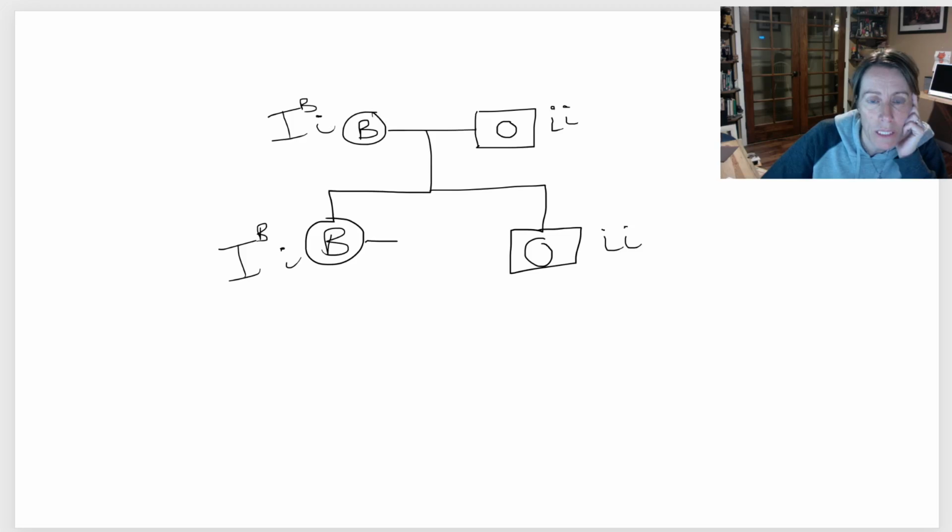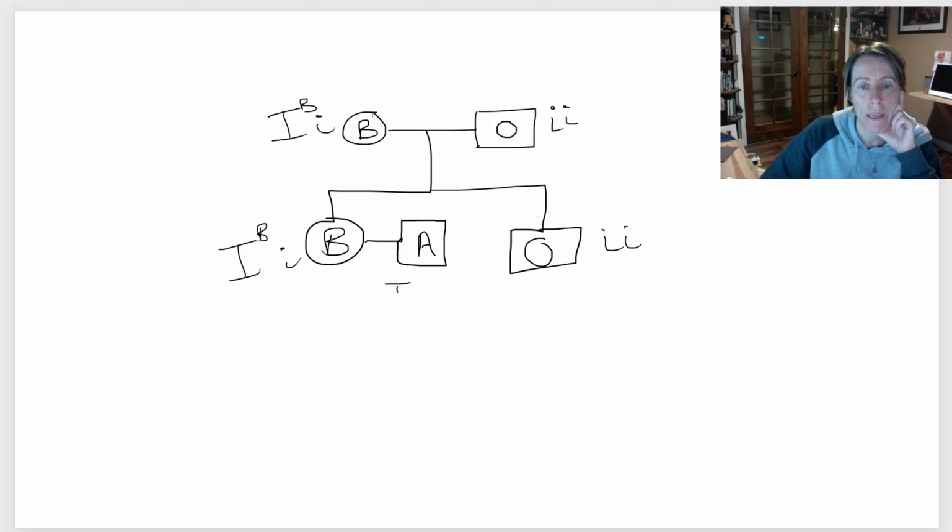My husband is type A. So he is either big I A, big I A, or he could be big I A, little i, right? Those are two options for him.